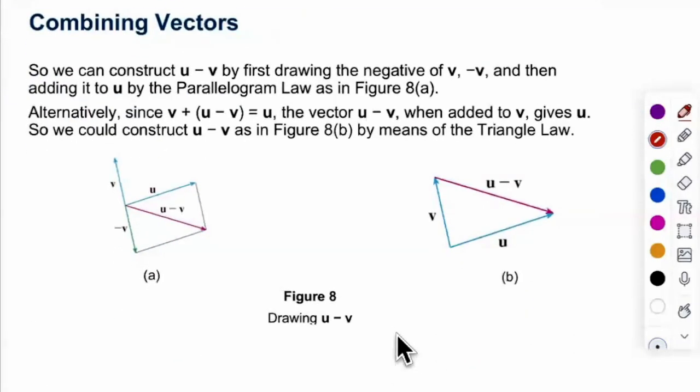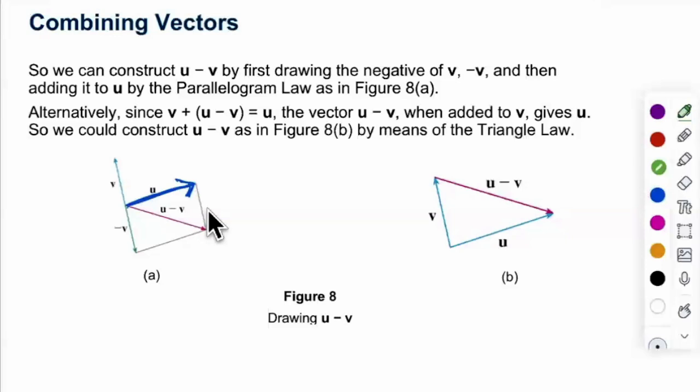Now we can look at the diagram and understand that. What's u minus v? I start with this vector u over here, and then I'm going to subtract v from it. Subtracting v is the same as adding negative v.